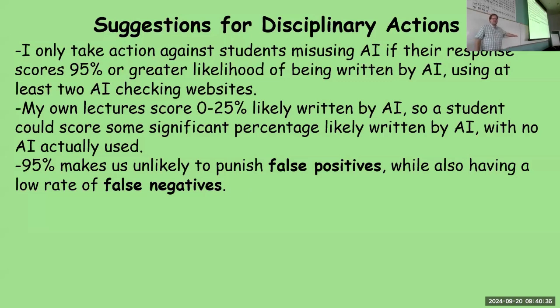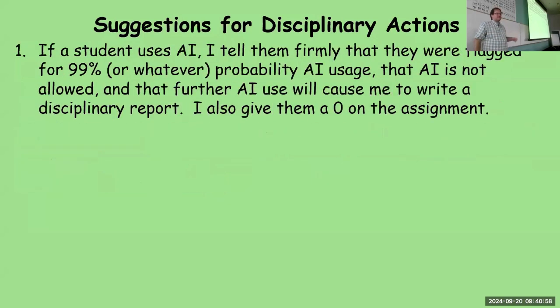It reduces the chance of punishing false positives, but it's also important to consider false negatives. We have a low rate of false positives, but we probably have more false negatives, students changing things and getting away with it, than students getting punished while not actually using AI. But I think that's the balance that I use in my class.